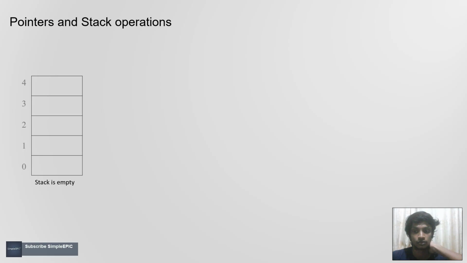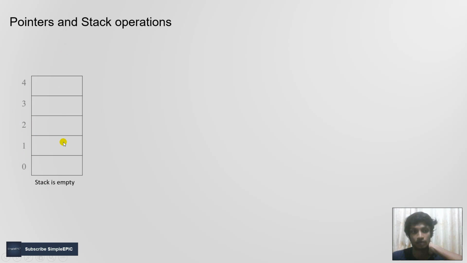This is our empty stack at the initial state. You should now have some idea what these numbers mean. This is the indexing. Our first element is considered the zeroth index, our second element the first index, and our third element the second index.